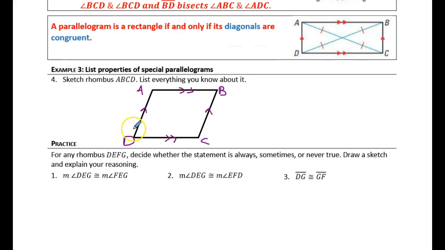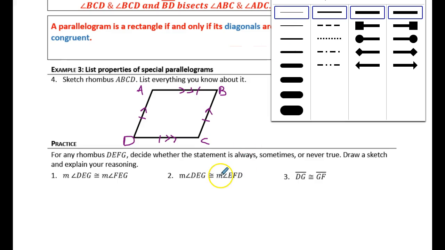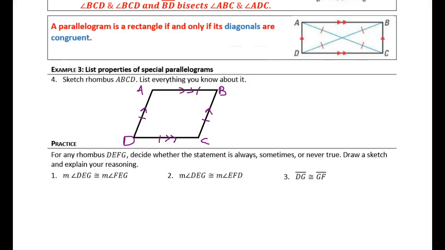I also know, because it's a rhombus, that all four sides are congruent. That's what I know about my sides.